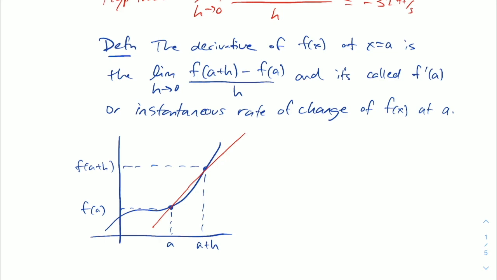If, however, we take the limit as h goes to 0, we're taking this right endpoint and sliding it along the curve closer and closer. As we do that, we get the slope of this line, which only touches the curve at one point. This is called the tangent line. So the slope of the tangent line is what this derivative is computing.